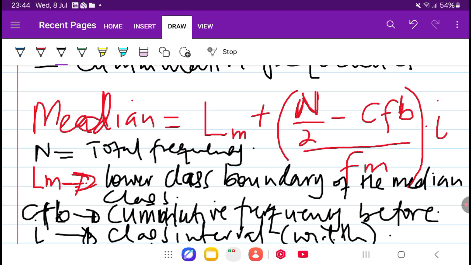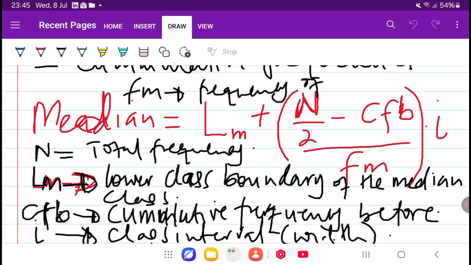And FM is the frequency of the median class. FM represents the frequency of the median class, this one down here. So that's the formula that we use.